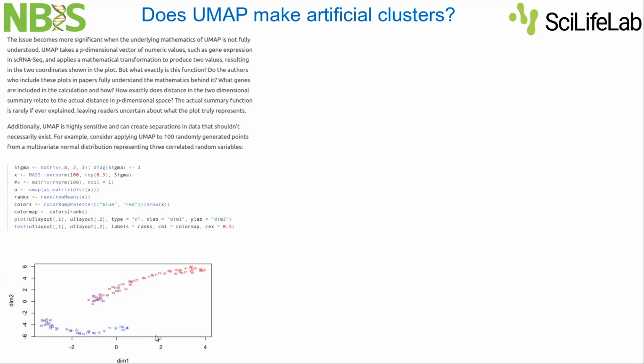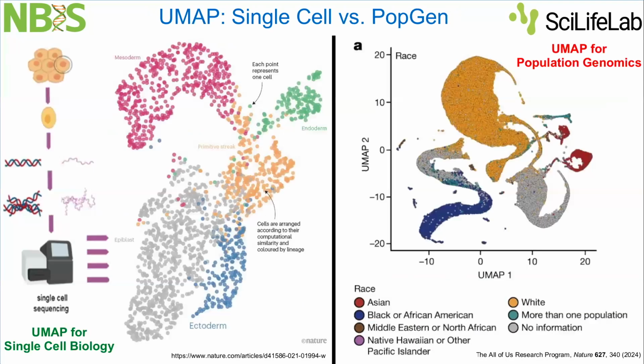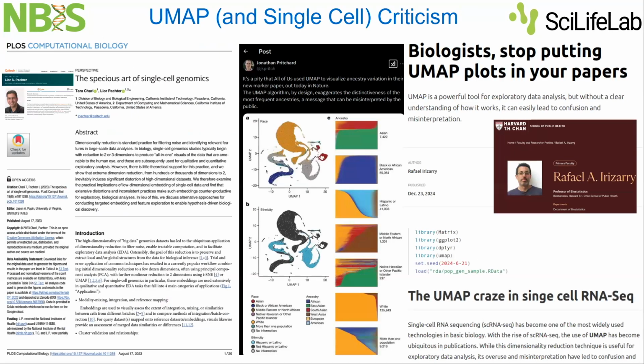But then it turns out that if you check his code carefully, there was a small error there. He was computing UMAP on a distance matrix, and he should not compute UMAP on a distance matrix without informing UMAP that you're working with a distance matrix. So I wouldn't be worried that much about these strong statements that UMAP somehow creates artificial clusters. Probably the situation is not as bad.